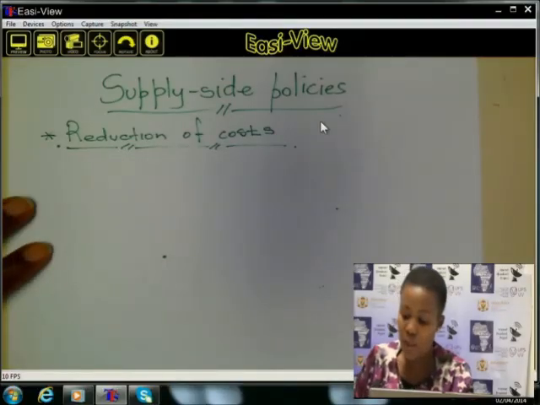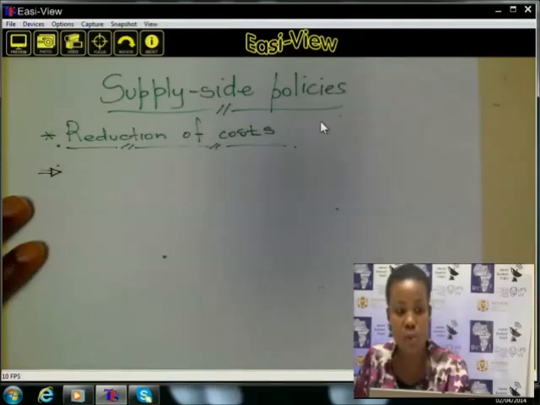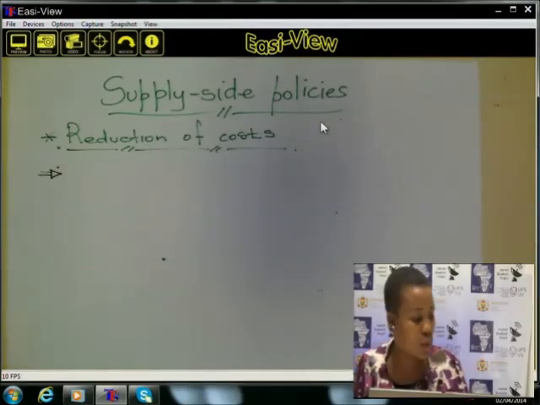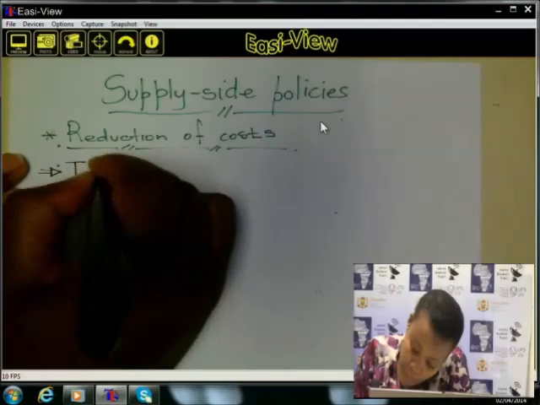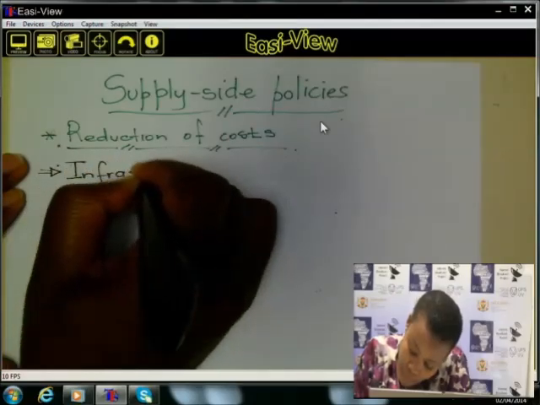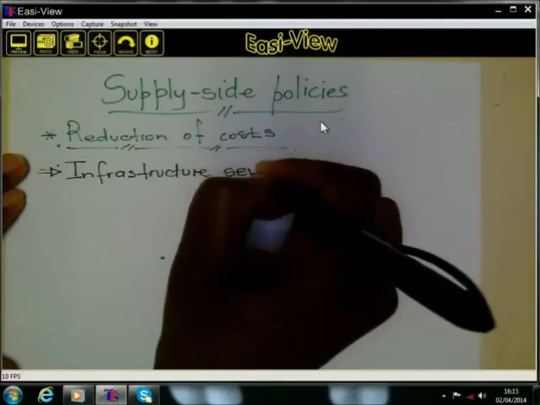So if you want to have a reduction of costs, what are you supposed to do as the government? Make sure that you improve the infrastructure. We have infrastructure services.